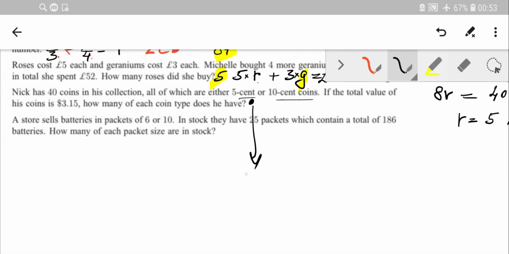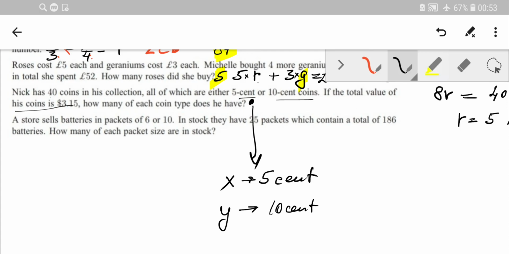I don't want to write 5C and 10C, so instead I'll use x for 5 cents and let's say y for 10 cents. So the total value of his coins is 3.15.